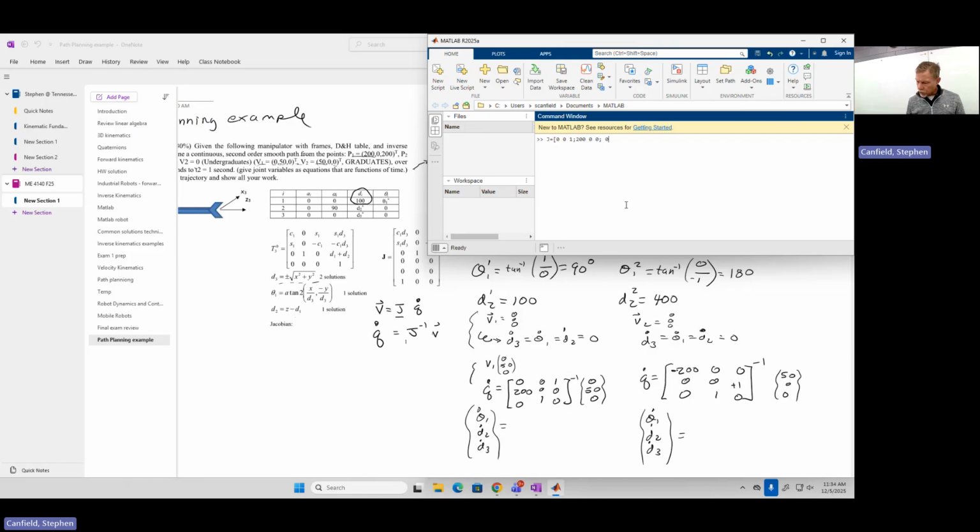Third row is 0, 1, 0. And I'm going to take the inverse of J times my right-hand side, which is an array, which is going to be 0, 50, 0. I'm using semicolons to make it a column. And that's my answer. So I get 0.25, 0, 0.